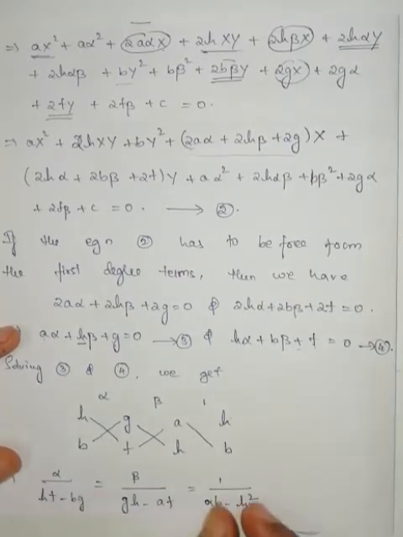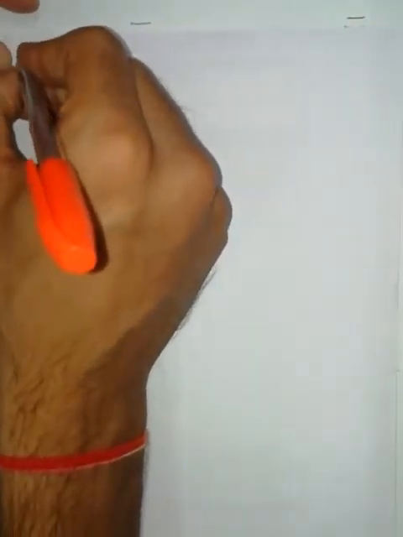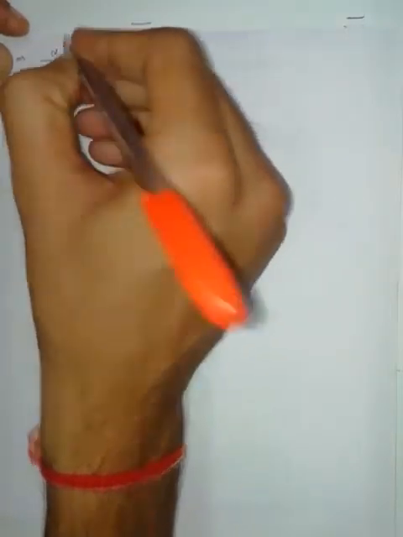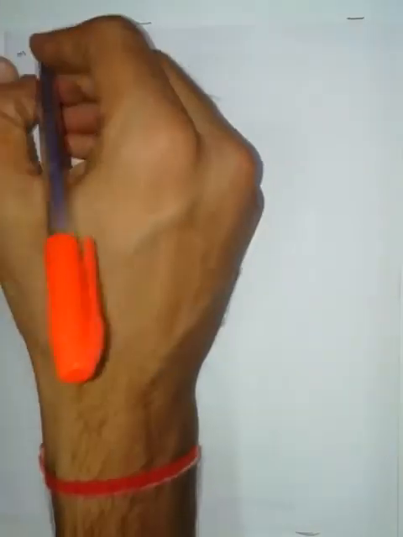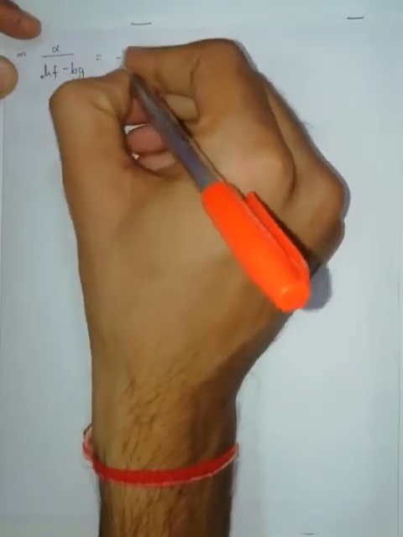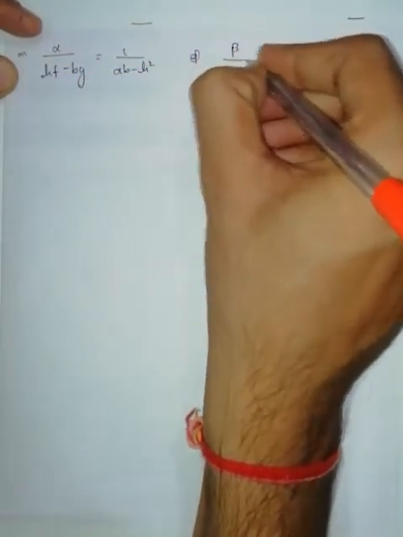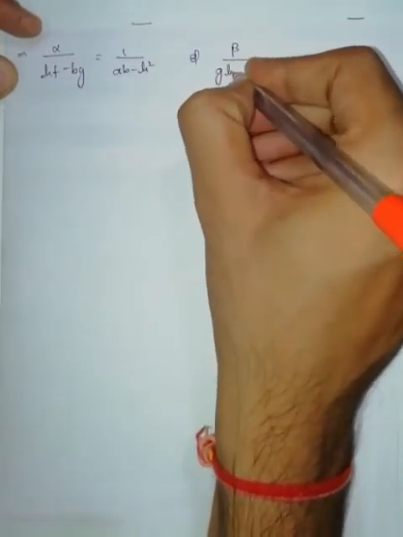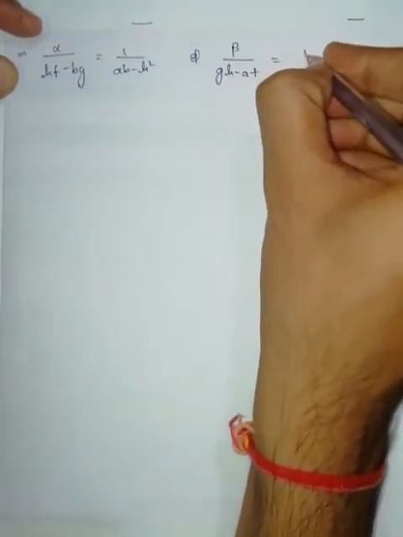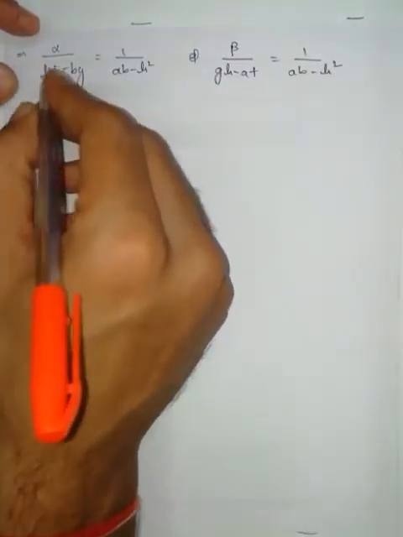Now this one is equal to this one is equal to this one. I am going to write, so we will get alpha by hf minus bg is equal to 1 by ab minus h square, and beta by gh minus af is equal to 1 by ab minus h square. Now send this term to that side.